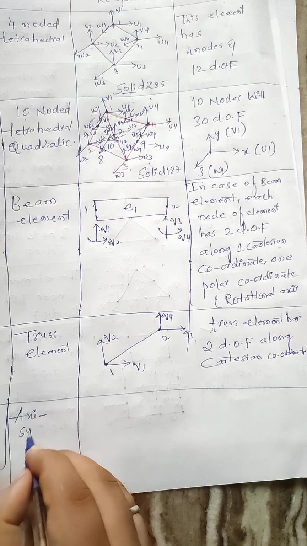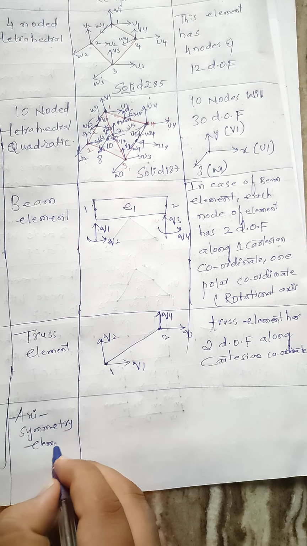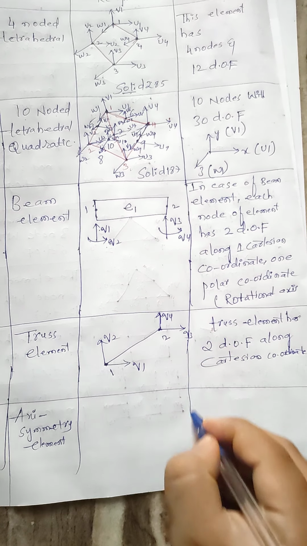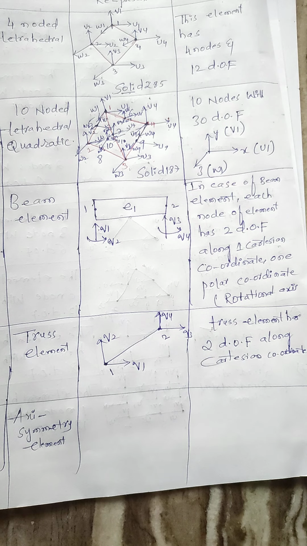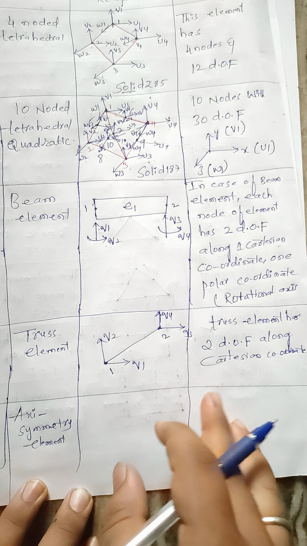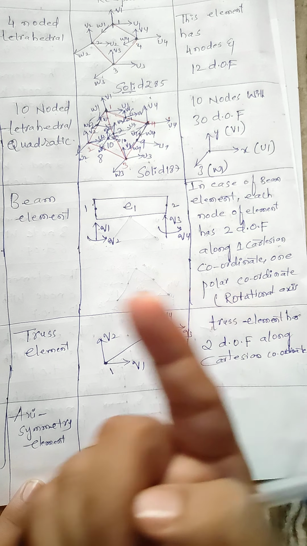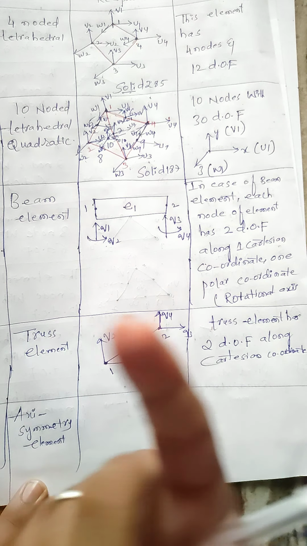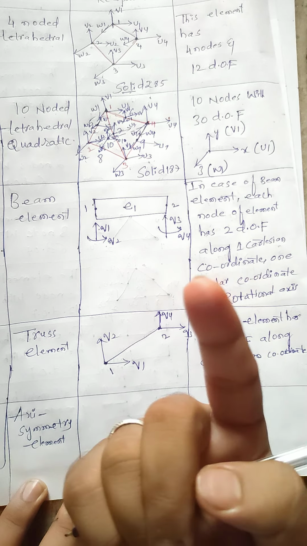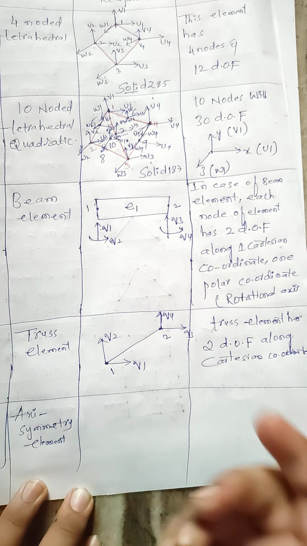Another one is the Axisymmetric Element. Here in the one dimension, this Axisymmetric Element is used to analyze a rotation body or component which is symmetrical about its own axis. Is it right?